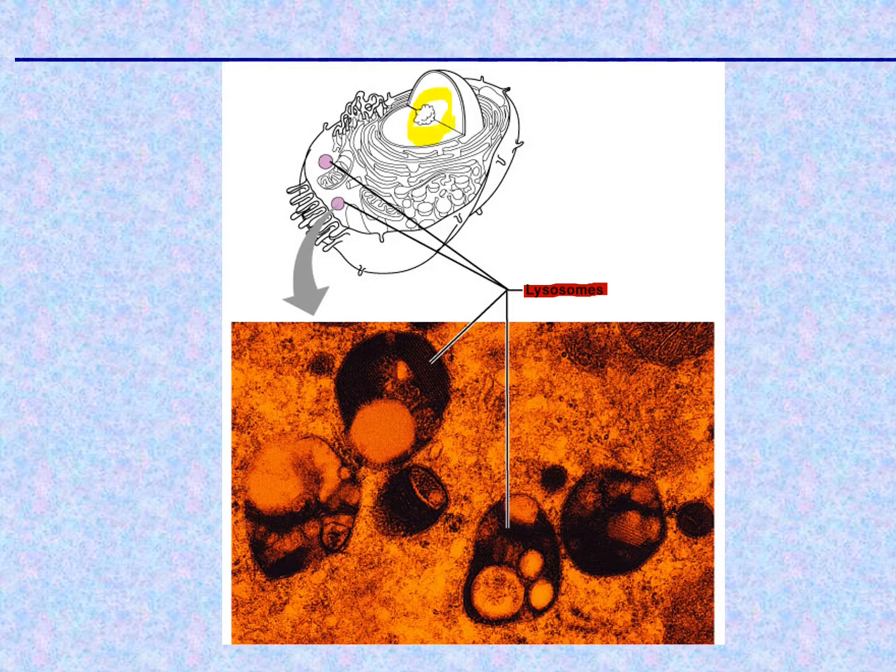This is the nucleus and the nuclear membrane surrounding it. In the middle is the nucleolus. Immediately outside the nuclear membrane is the endoplasmic reticulum, and further outside is the Golgi apparatus, shown down here mostly. And here are some mitochondria, and here are some lysosomes.